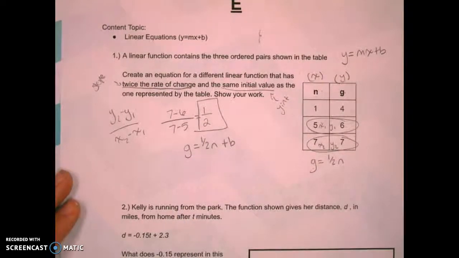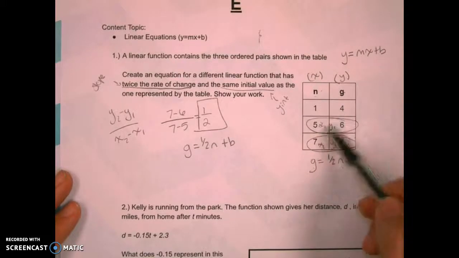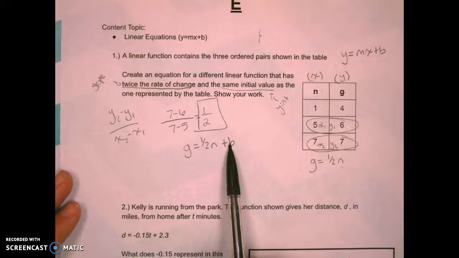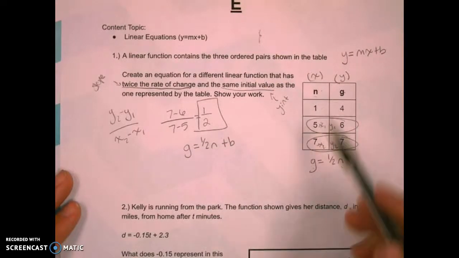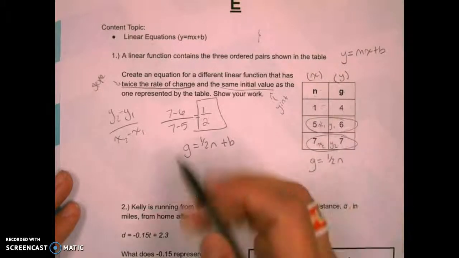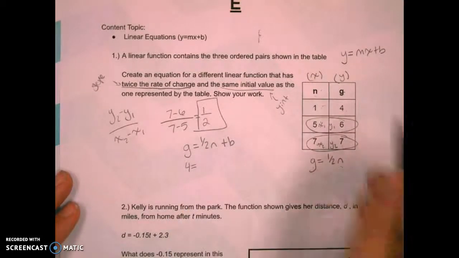In order to find it, remember I have to choose a point and plug it in for g and n so I can figure out what b equals. I'll use the first one since I didn't use it for the slope. Why not? So I'm going to plug in 4 for g and 1 for n.